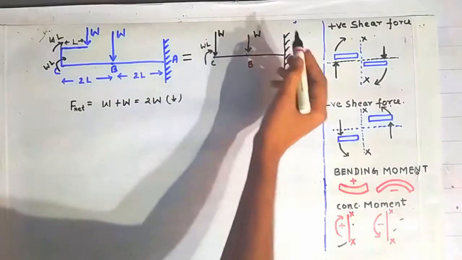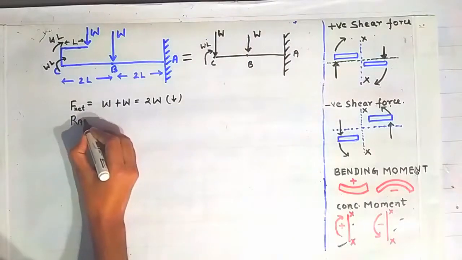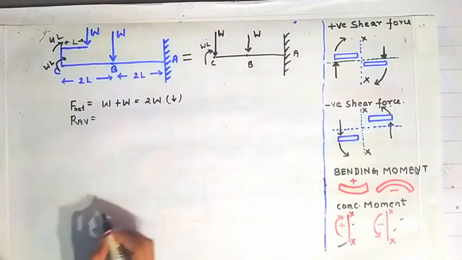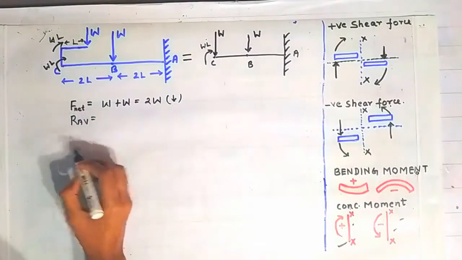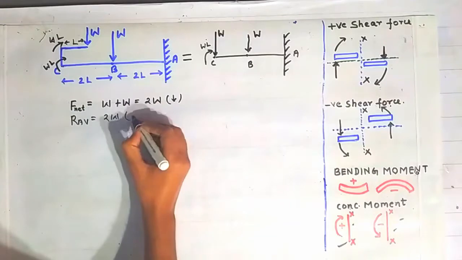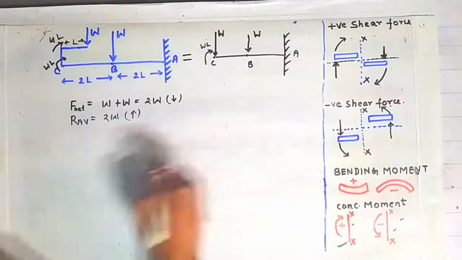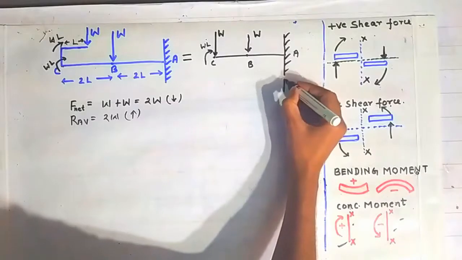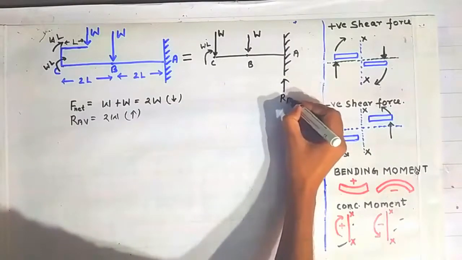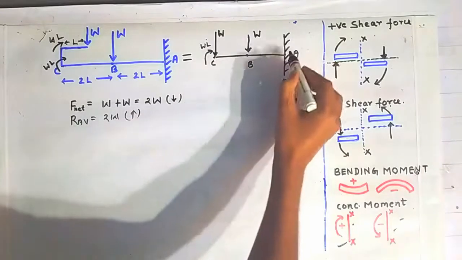Okay, W plus W in downward direction. So the reaction at A in vertical direction will be equal to this F net and will have magnitude 2W, and will go in vertically upward direction opposite to this direction. Okay, so I am showing here R_A acting at this point A, that is the reaction force acting at this point A.